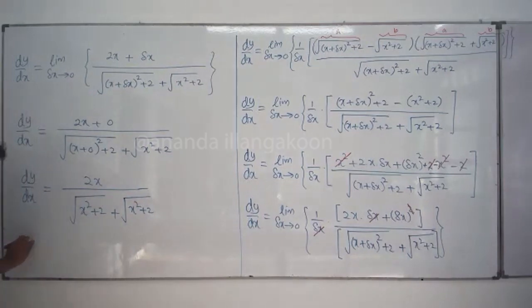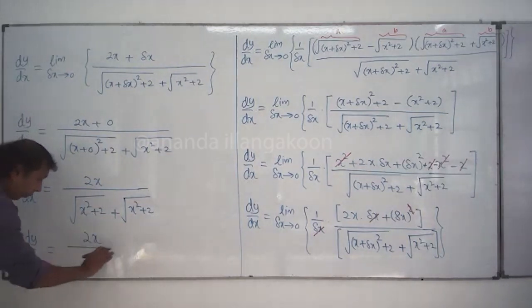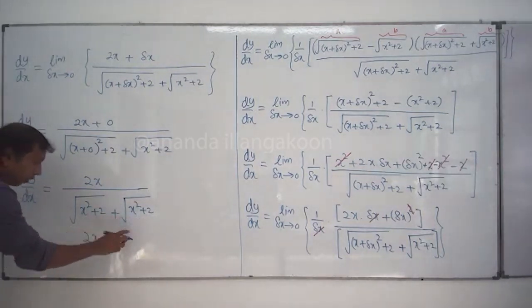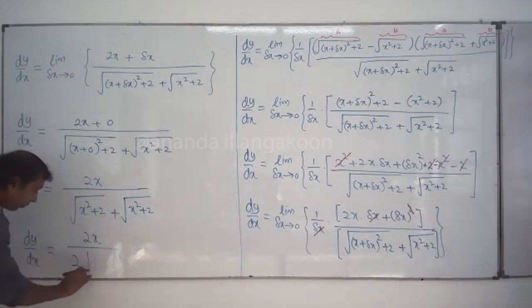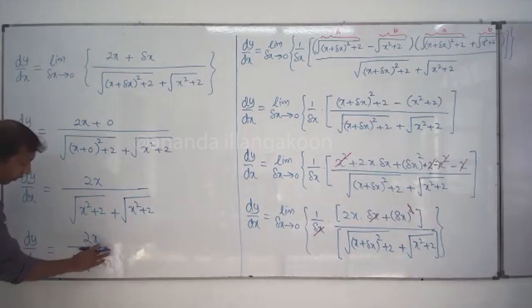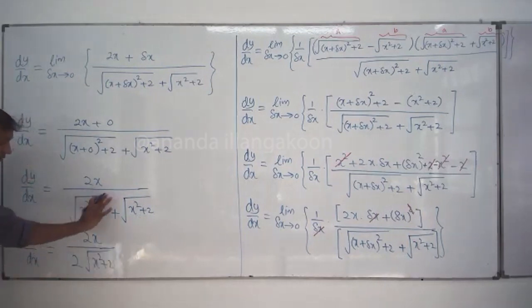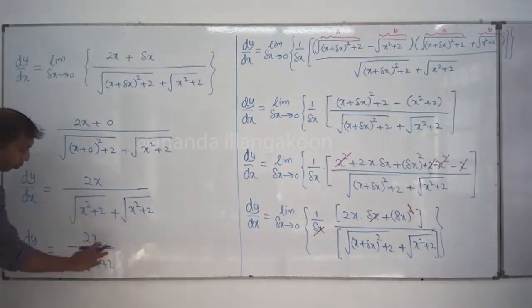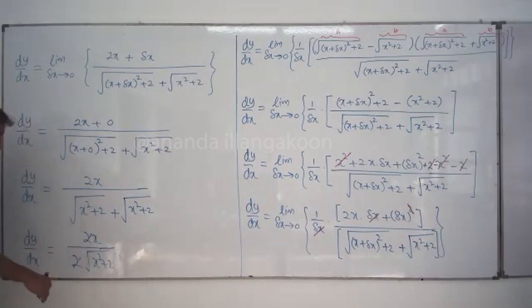Then you can write 2x divided by this plus this, which means 2 times this, 2 root of x squared plus 2. Correct, people? This is like y plus y means 2y. Then this and this you can cancel down.